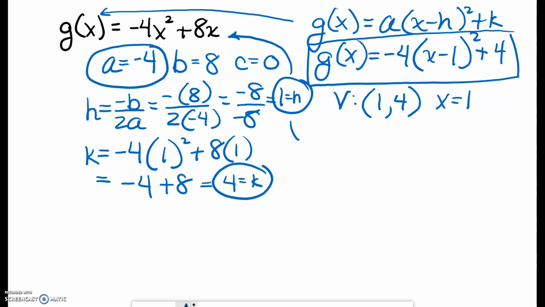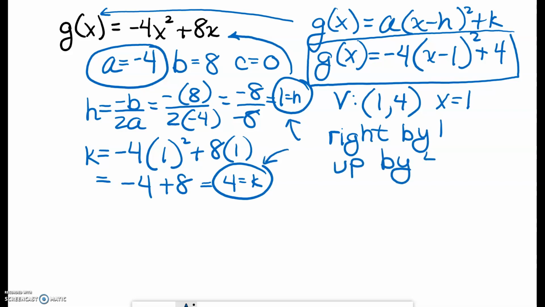Okay, so h is positive. So we're moving to the right, and we're going to move our graph to the right by 1. Our k value is positive, so we're moving up by 4. Okay, so our a value is negative, so our graph is going to open down.